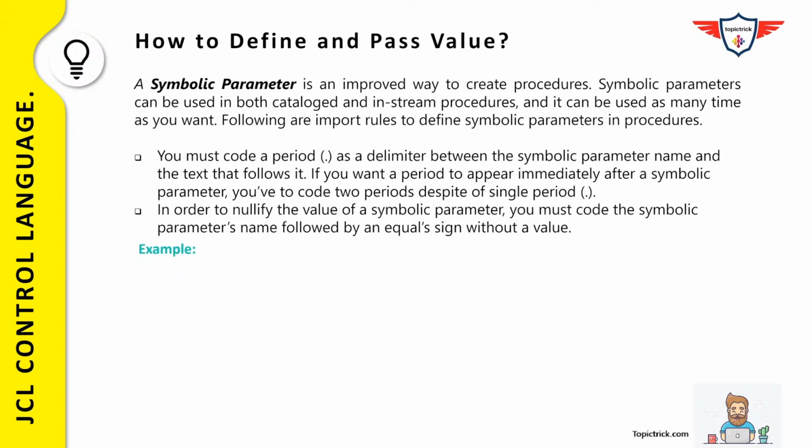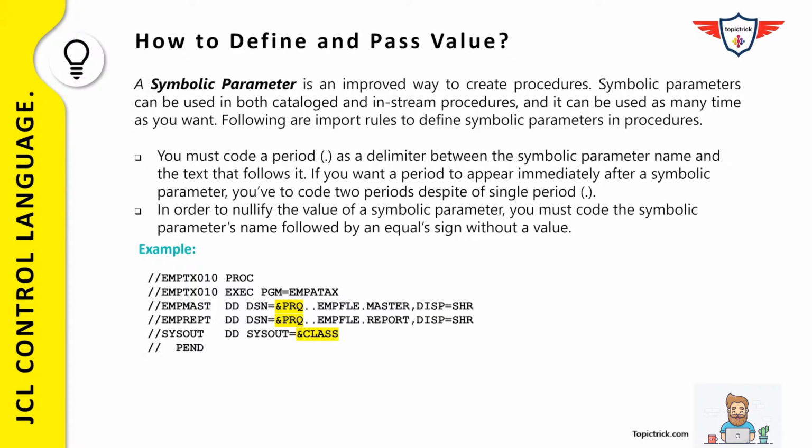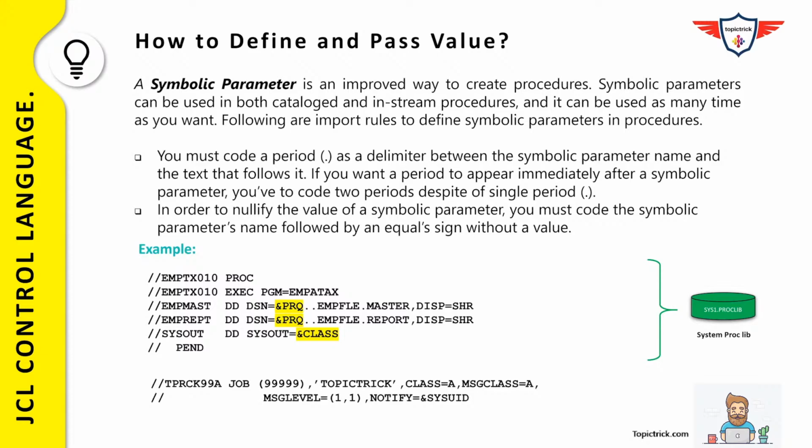The following example illustrates how to use symbolic parameters in your catalog or in-stream procedure. In this example, we have a catalog procedure which is stored in the system library, that is SYS1.PROCLIB, and the catalog procedure name is EMPTX010. The proc is actually using two datasets.